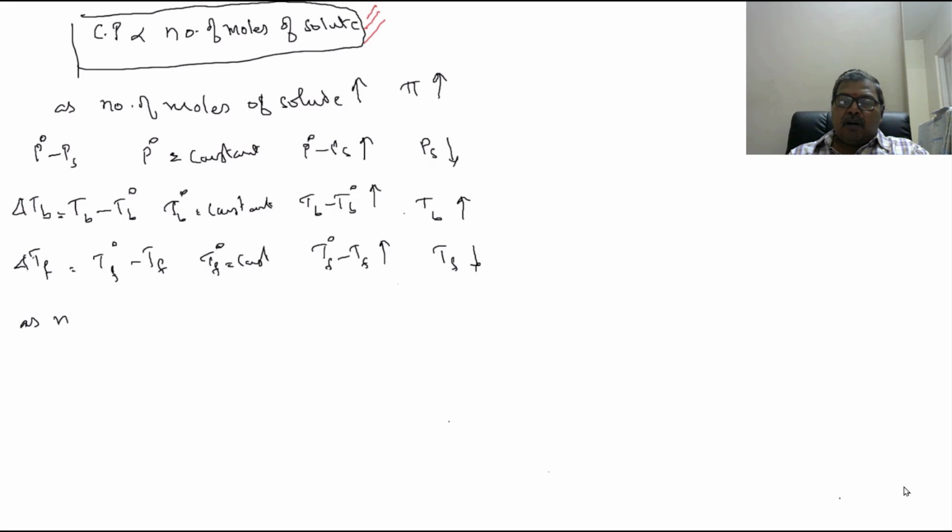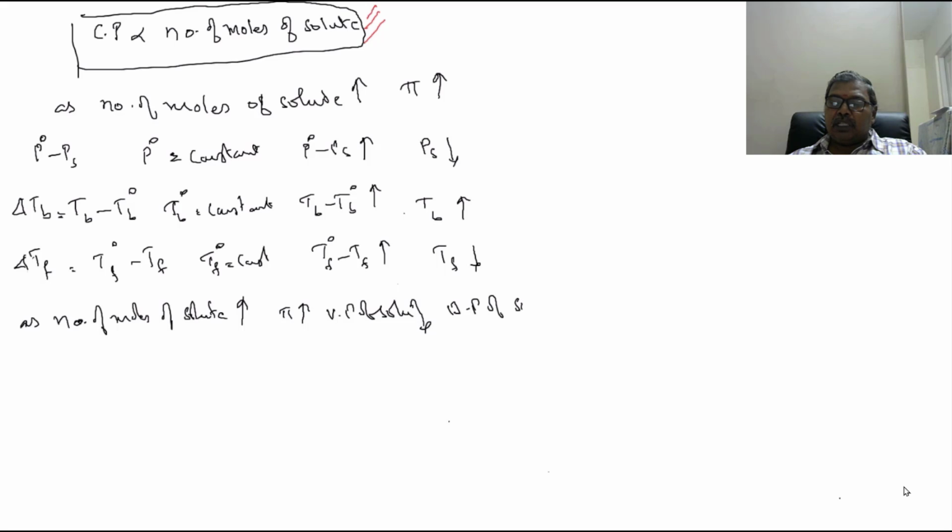As the number of moles of solute increases, osmotic pressure increases, vapor pressure of solution decreases, boiling point of solution increases, and freezing point of solution decreases.